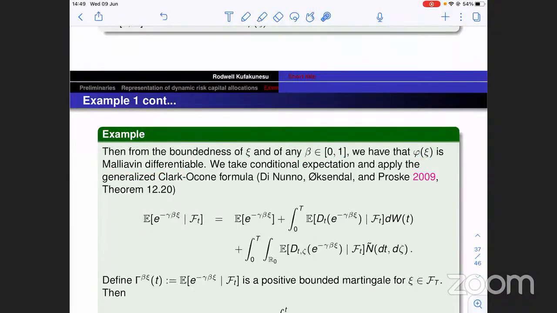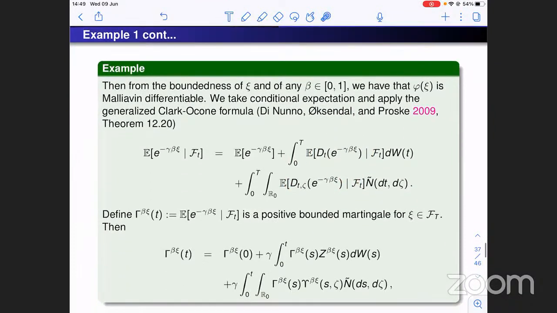So we take the conditional expectation and apply the generalized Clark-Ocone formula, which now involves the jumps. It looks like this. Look at the integrand we've alluded to earlier.